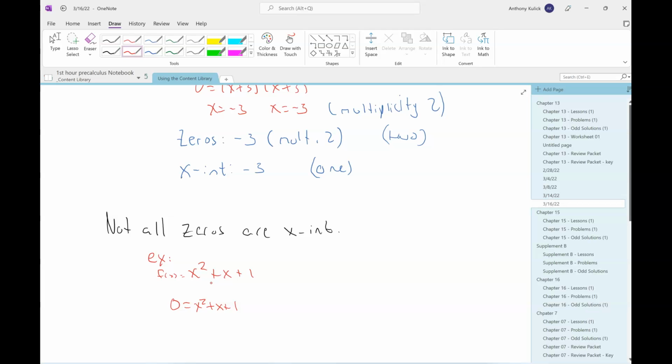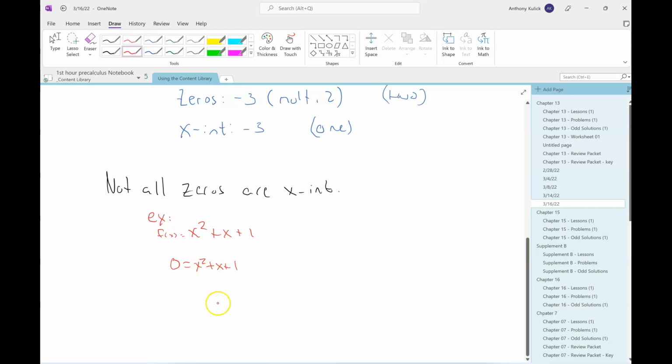It's quadratic, but can I factor it? There's no leading coefficient or greatest common factor to pull out. Are there two numbers that multiply to give us 1 and add to give us 1? No. So what should we do? Still do the quadratic formula, right? We can always do that to solve a quadratic.